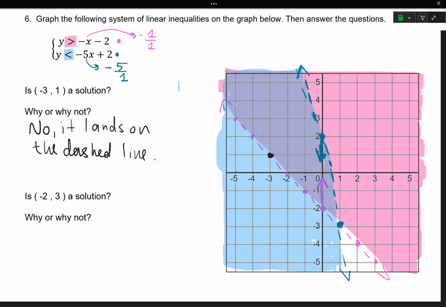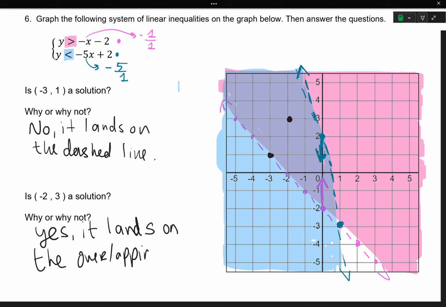Is (-2, 3) a solution? (-2, 3). Yes! It lands in the overlapping area. Beautiful.